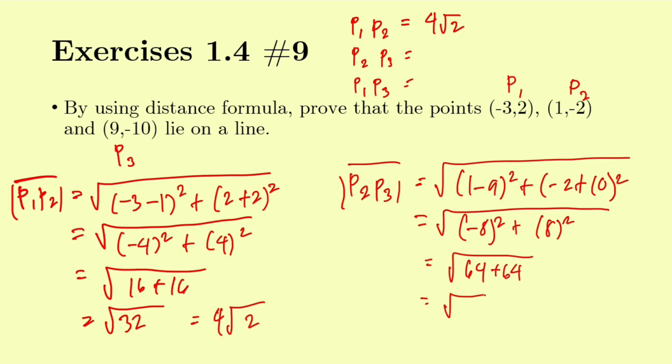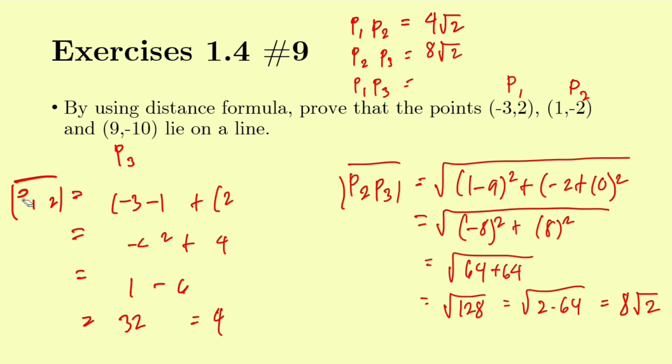That results in the square root of 128, and we know that 128 is equal to 2 times 64, so we can simply express this as 8 square root of 2. Lastly, yung kay P1 and P3.